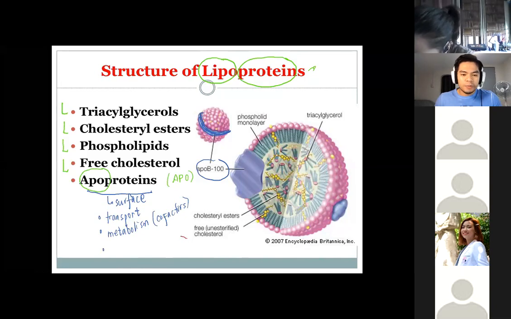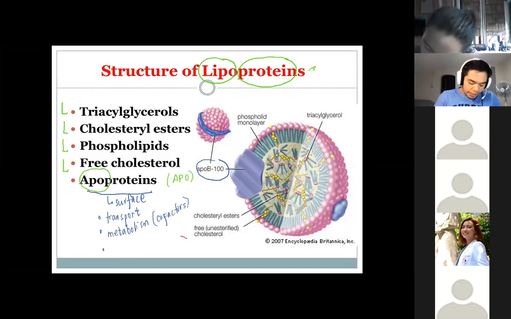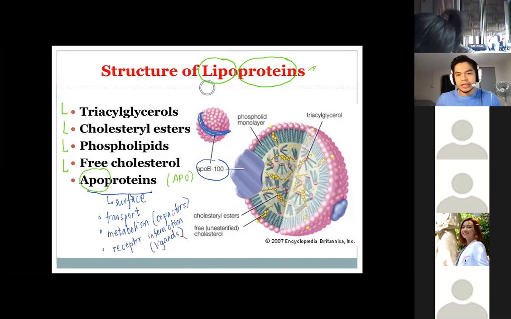they are also responsible for certain interaction, receptor interaction. This is so because apoproteins can act as ligands as well. So they can bind to the receptors ultimately. Okay, again, transport, number one. Number two, metabolism because they act as cofactors. And then finally, receptor interaction because through the presence of apoprotein, these lipoproteins could bind to receptors.